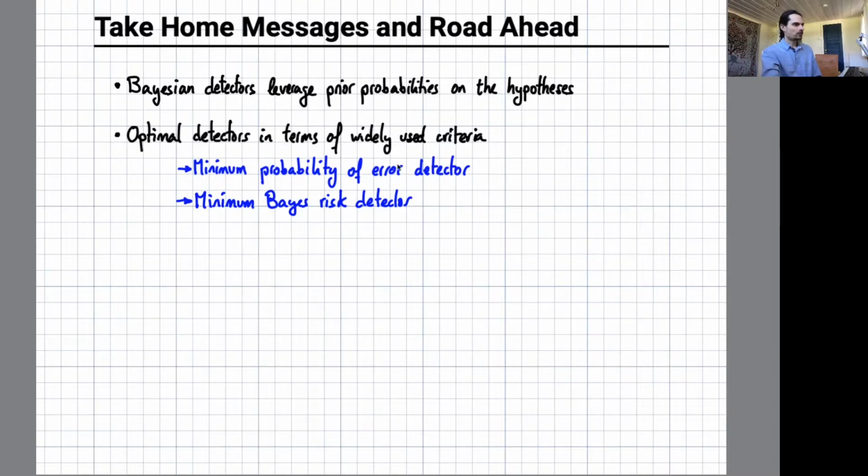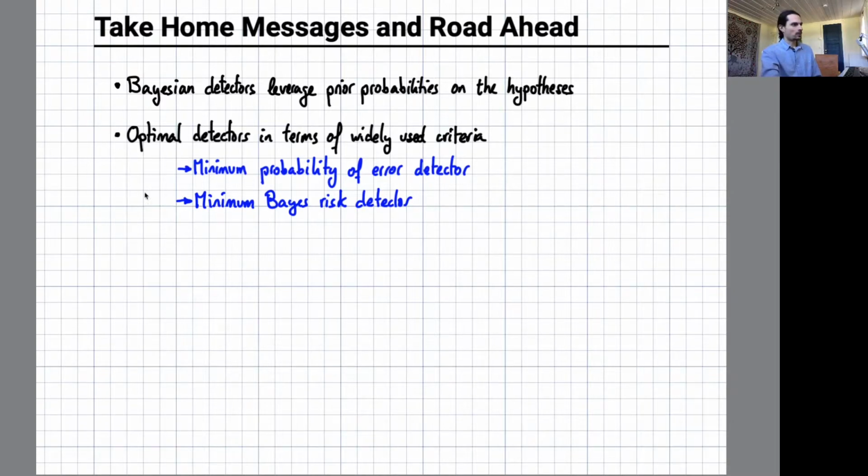The probability of error is sort of the weighted sum of the probability of false alarm and probability of misdetection, weighted by the probabilities of each hypothesis. And the Bayes risk is a generalization that allows us to accommodate the different costs that different kinds of errors may have.